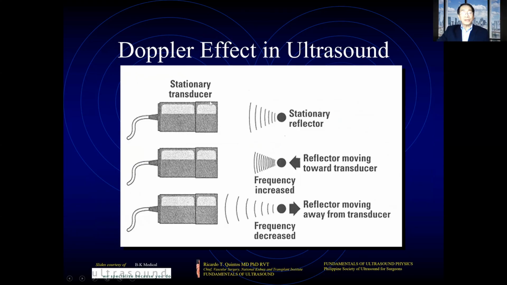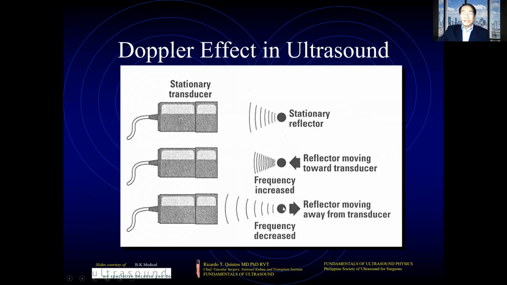If you have a stationary transducer, the velocity of the sound as it is transmitted will be the same velocity as it is reflected. If you have a structure, for example, a red blood cell that is moving towards the transmitter, it emitted a certain frequency and then will receive the echo that is of a higher frequency because it is moving towards the transducer.